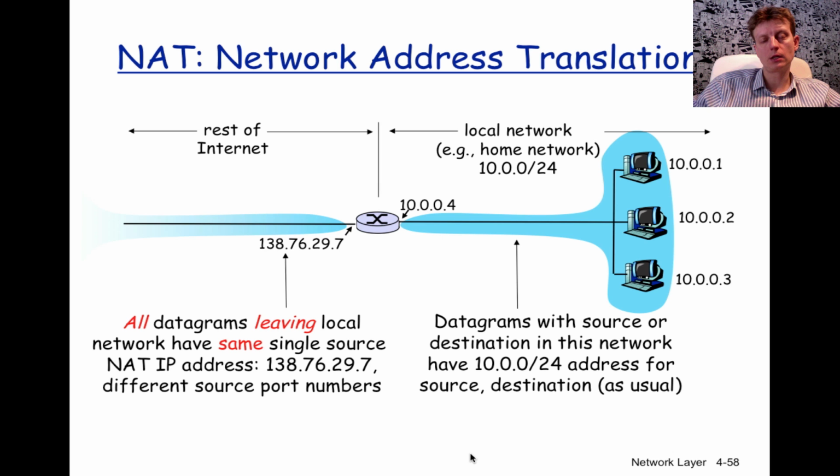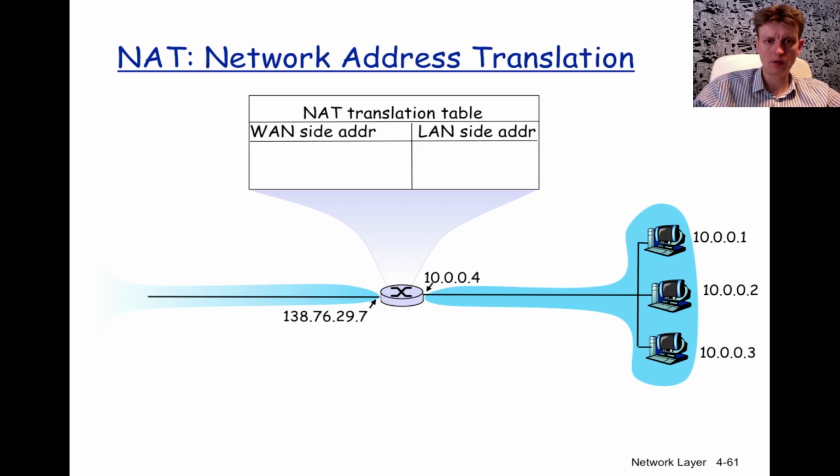Using this approach, we would share a single public IP address among several hosts or end systems behind a network address translation box. So all the datagrams leaving the local network will have the same single source IP address.